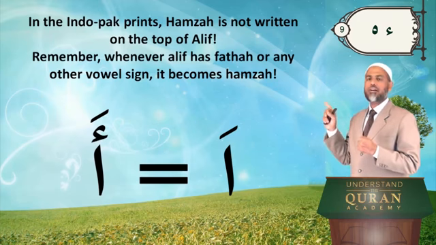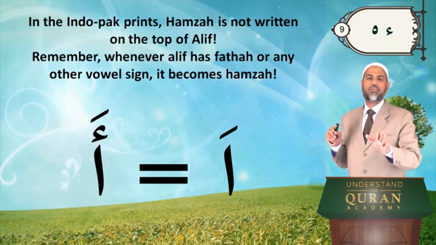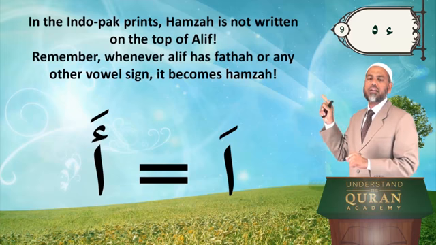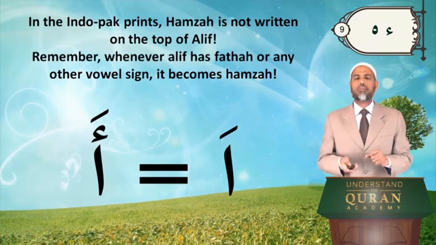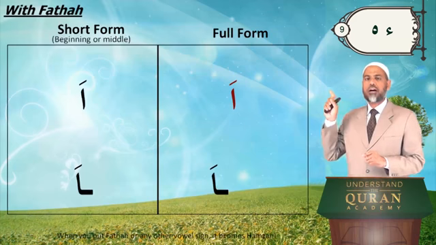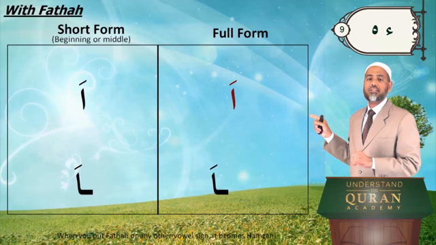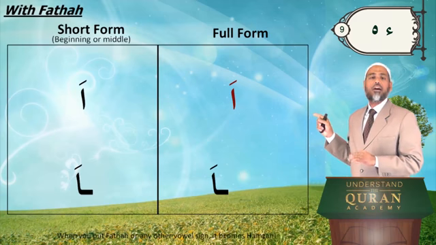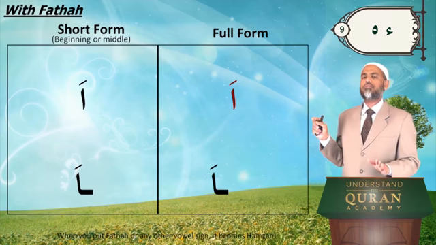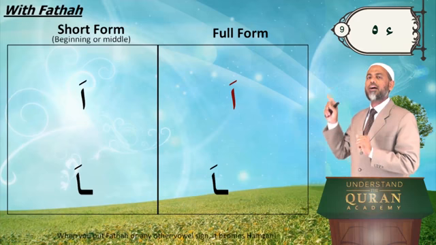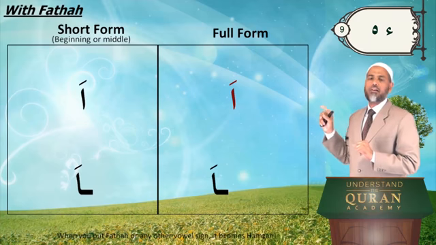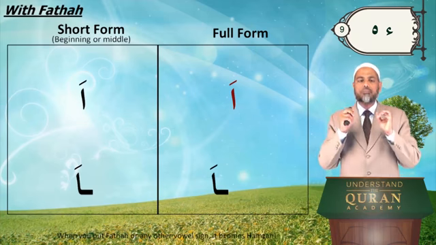So if there is fatha on alif, it is Hamza. Okay, so here is Hamza. All these are Hamzas only. It has nothing to do with alif. When alif has fatha or kasra or any other vowel sign, it becomes Hamza.